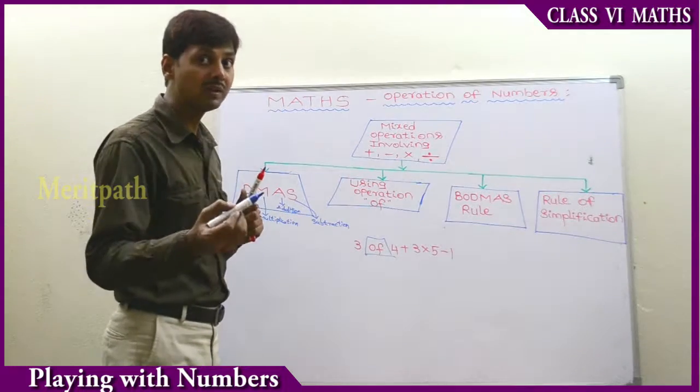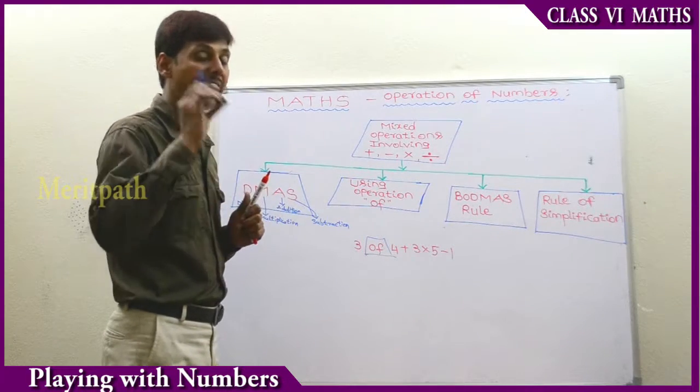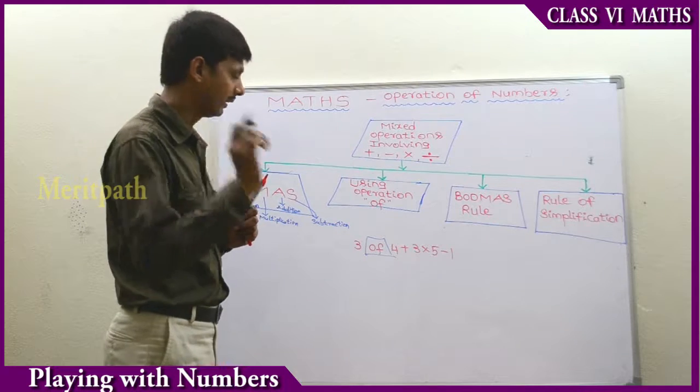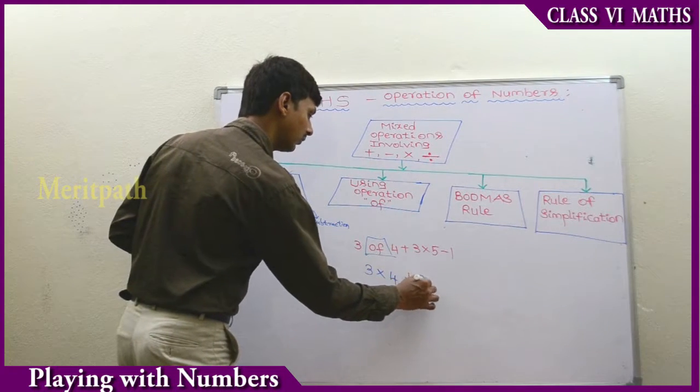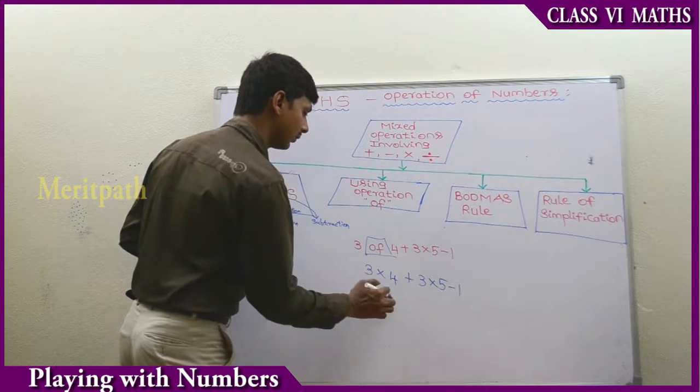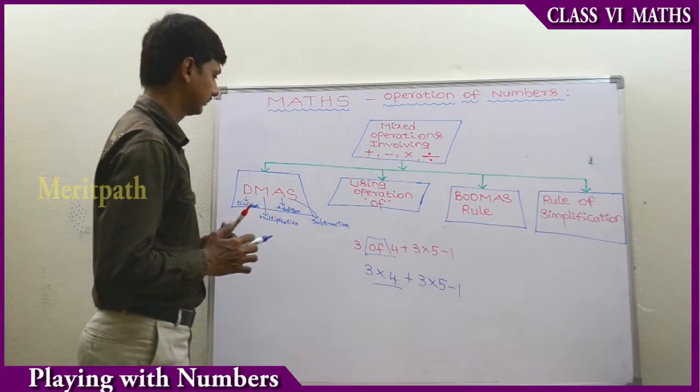In the place of 'of', we need to take multiplication and simplify only that part first. So 3 into 4 plus 3 into 5 minus 1.